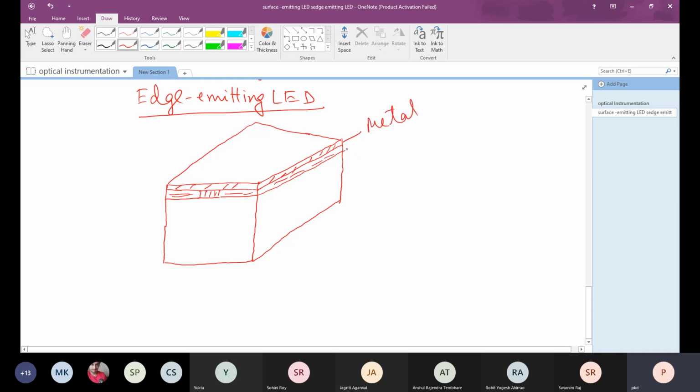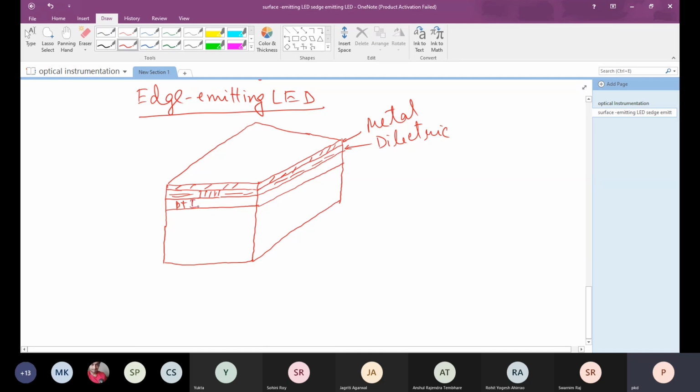Metal, dielectric, then we have indium gallium arsenide phosphide.